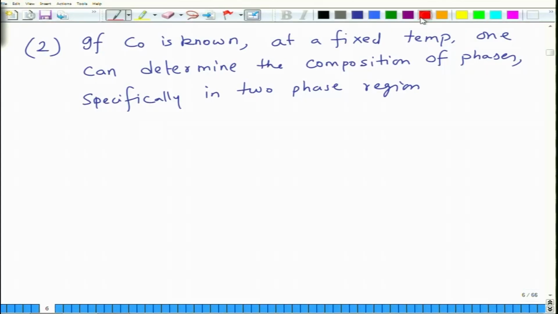So this rule is called the tie line rule.